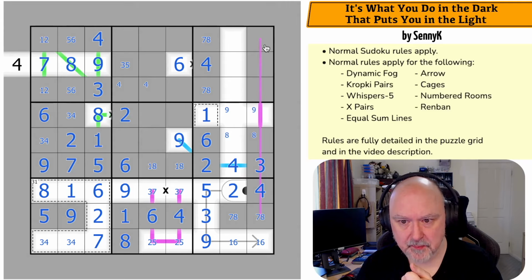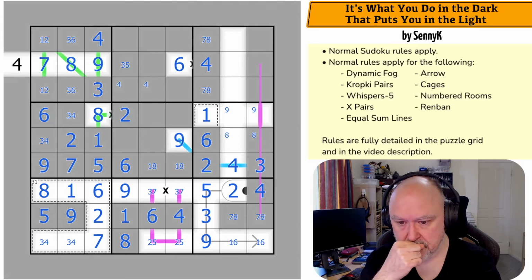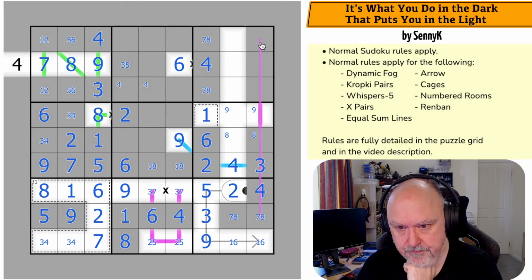So I'd have to pick up at least those cells. But I could go all the way up here, and this could be 9 through 2, and this could be a 1. And I could go 9, 8, 7. Oh, no, it can't enter this cell.